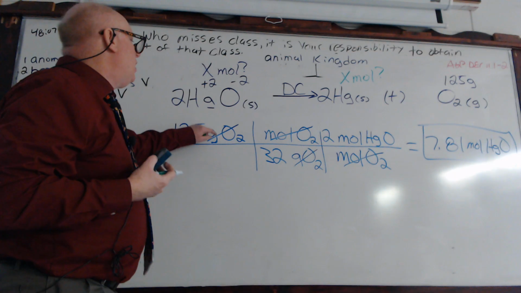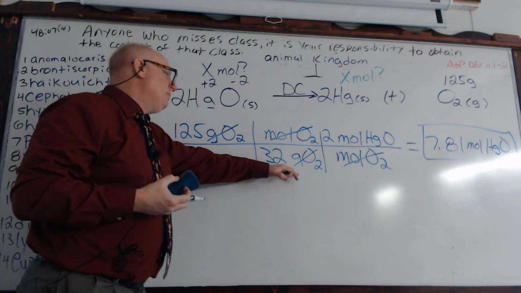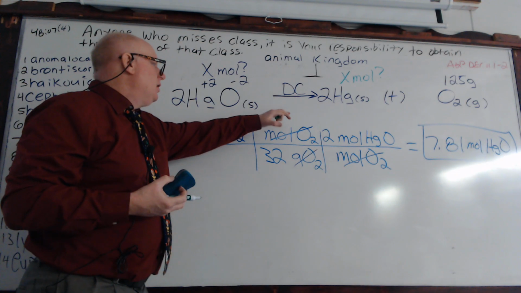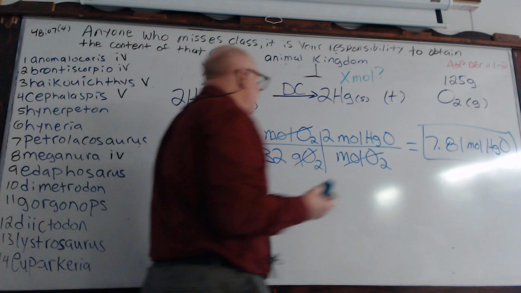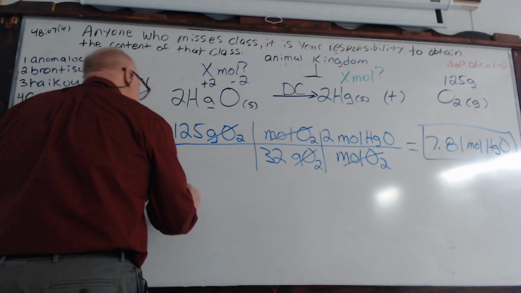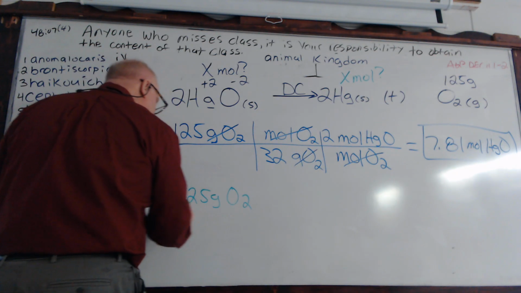We still have 125 grams of oxygen. It's still going to be 32. It's still going to be a mole of this. The only thing that would be different is the 125 grams of oxygen.